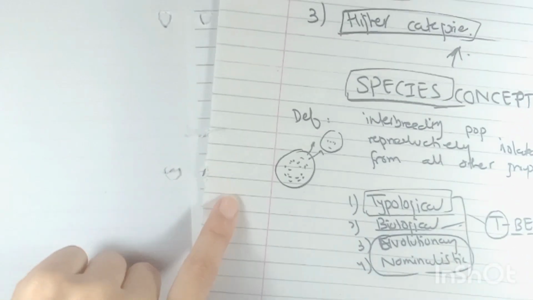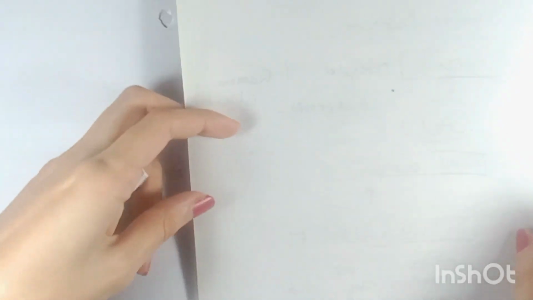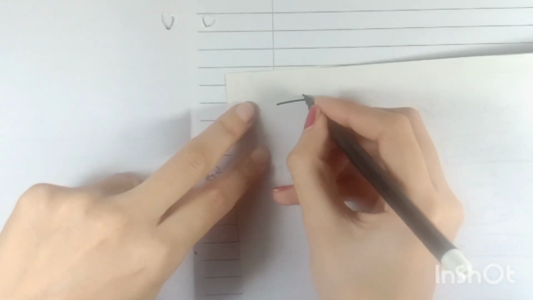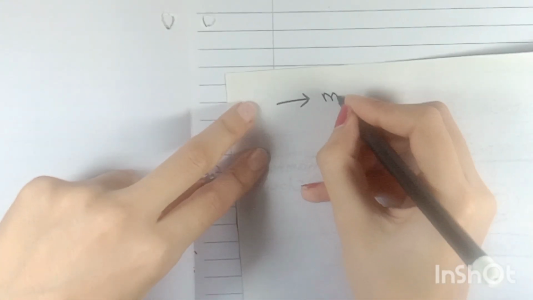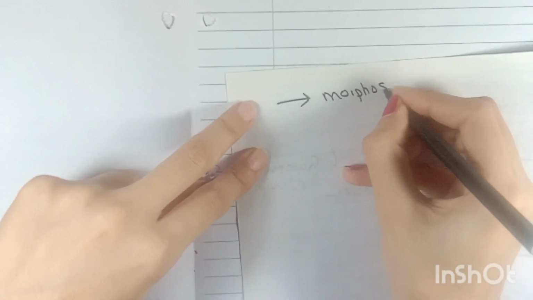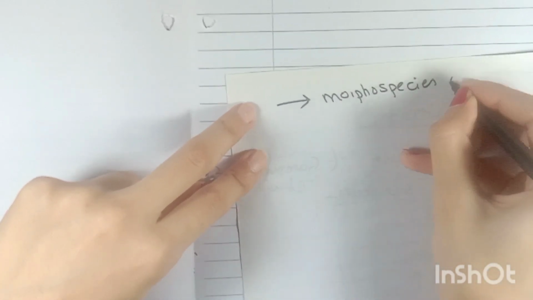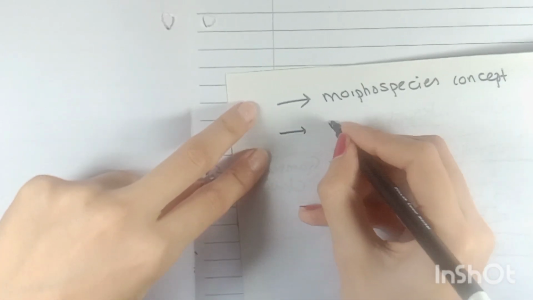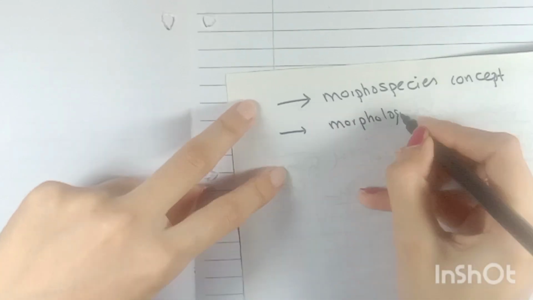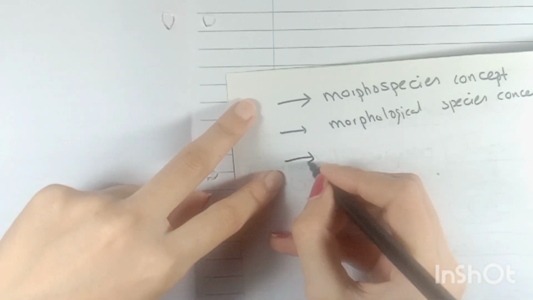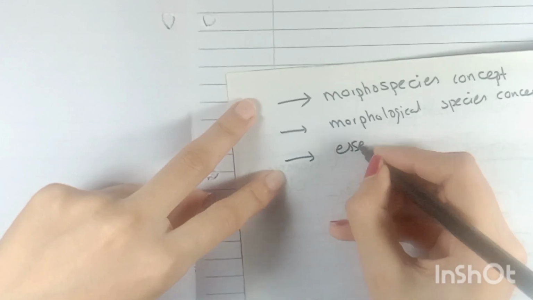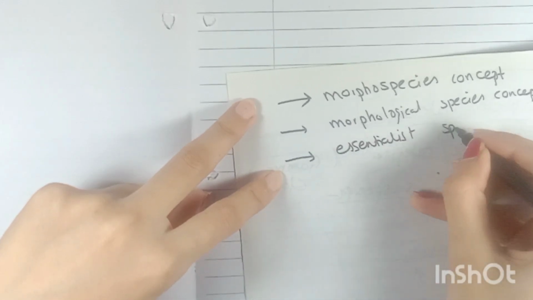So if I go deep into the typological species concept, there are other names for this concept too. It is also known as the morpho species concept or morphological species concept, and another name for this concept is the essentialist species concept.